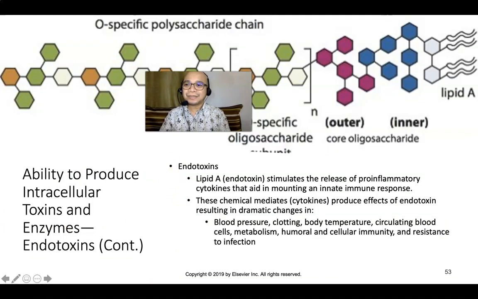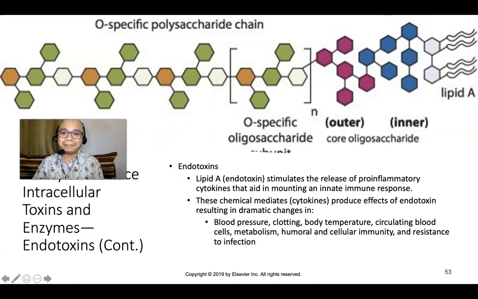Okay, so the endotoxin or the lipid A will stimulate the release of pro-inflammatory cytokines that aid in mounting an immune response. So it's like triggering our immune system to produce cytokines.